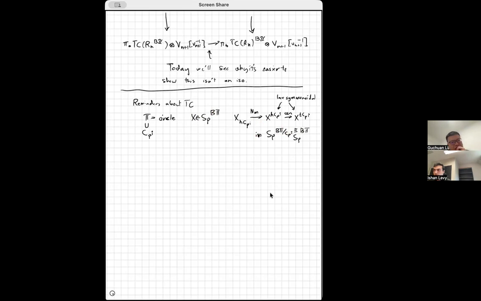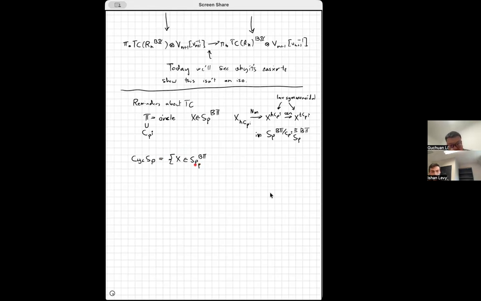A key definition is the category of cyclotomic spectra. This definition is due to Nikolaus and Scholze. A cyclotomic spectrum is a circle equivariant spectrum, and really here everything is p-complete, so I'll emphasize that.